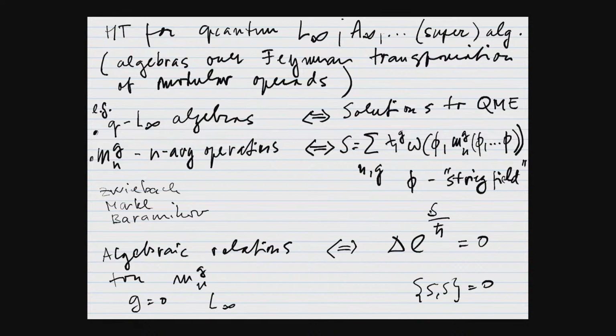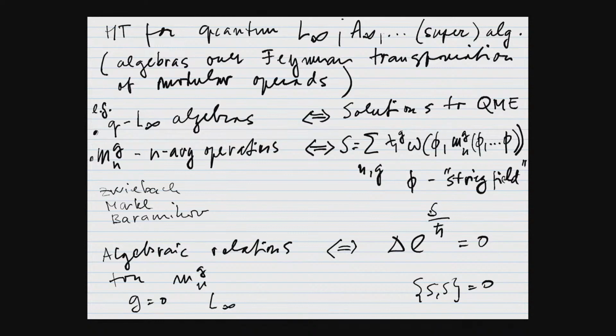If you have a solution to the quantum master equation, you can write your action as a power series in ħ and n, where you can think of ħ as genus, and n plus 1 is the number of fields in the monomial appearing in the action.